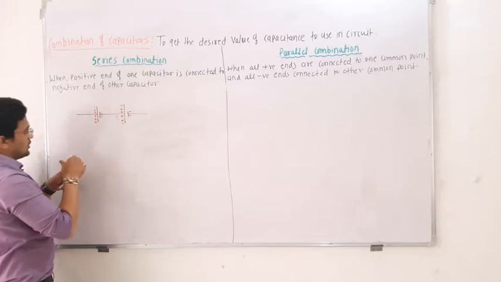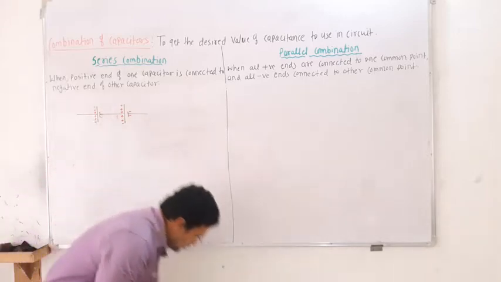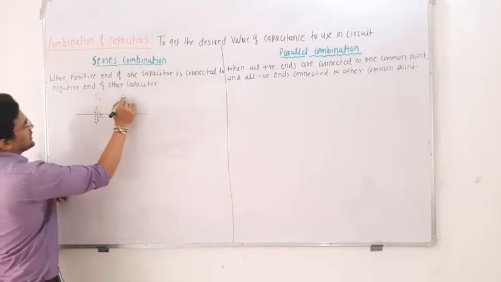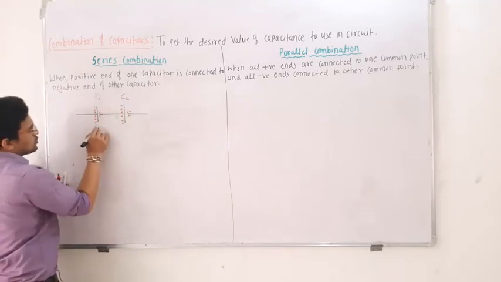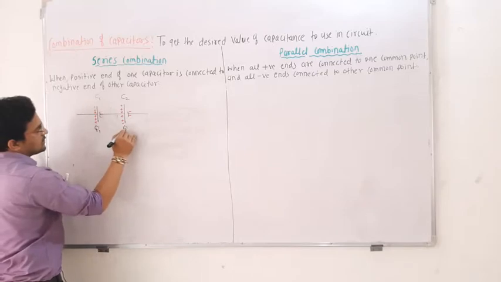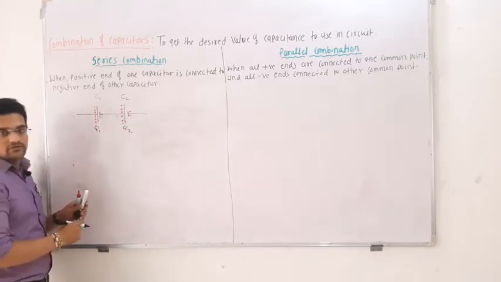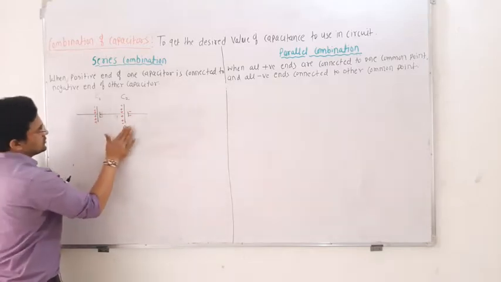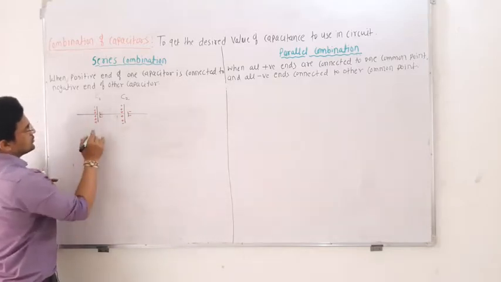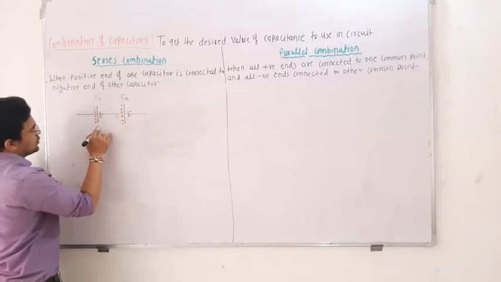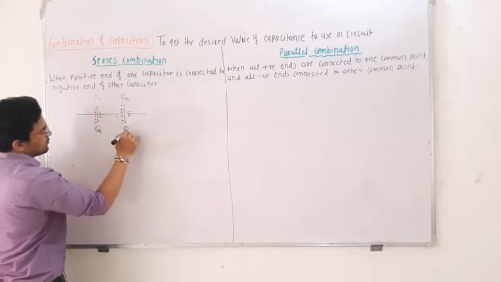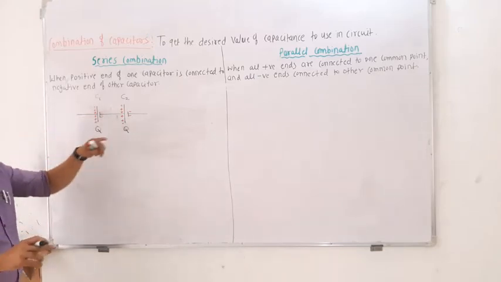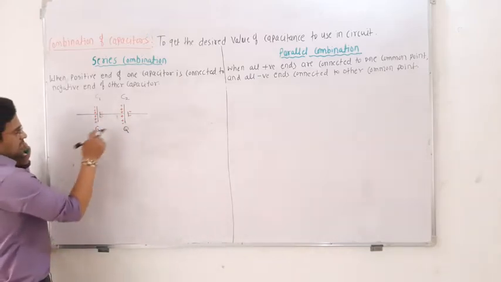So this is the series combination, and it has capacitance C1 and C2. The charge on each could be thought of as Q1 and Q2, but the charge is the same in both cases, Q, because the current will flow the same. I will come to that later.